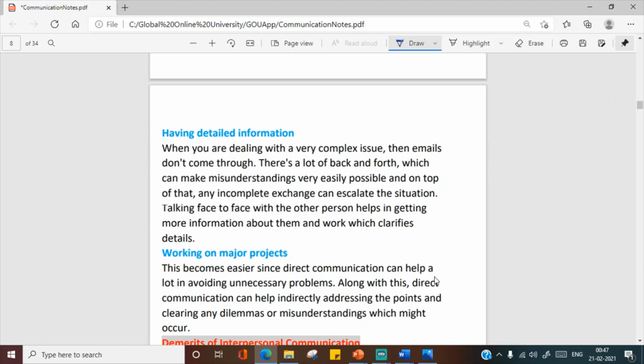At that particular moment, you cannot rely only on emails, because emails comprise only of words. While when two people talk, so many misunderstandings go away, because written words sometimes lack the tone or the emotion that the other person is having.